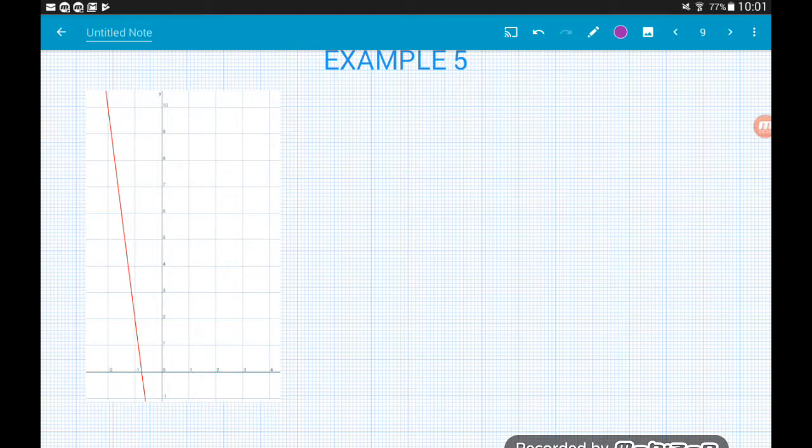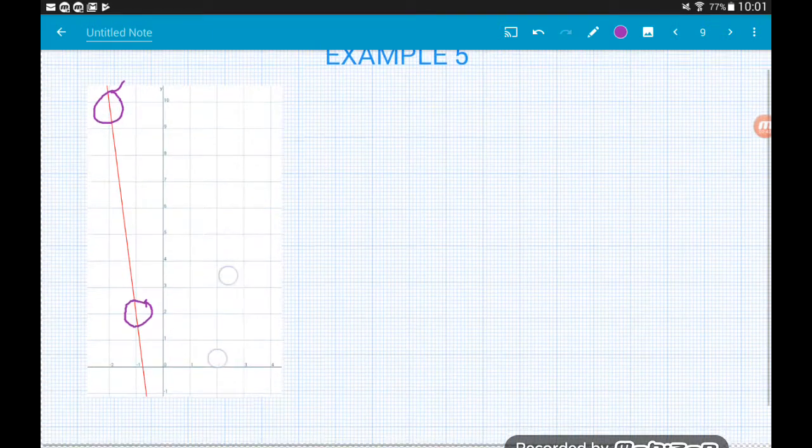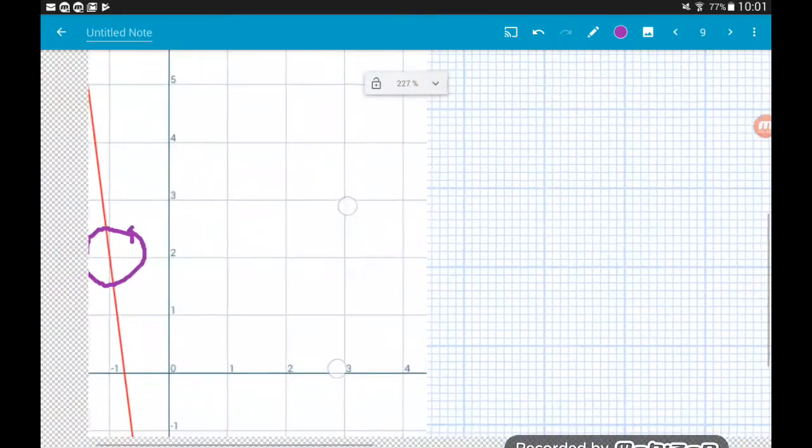And we can also see that the line here is going down from left to right, so we're going to be dealing with a negative gradient. So what we need to do is find 2 nice integer coordinates. So we've got this one down here, and we've got this one up here. So let's zoom in so you can see those coordinates.